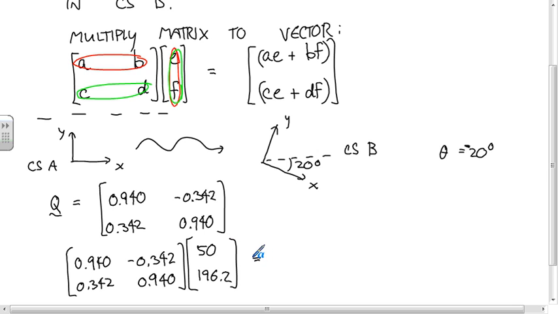Give me a couple seconds. Okay, so that gives us negative 20.2, 201.47, if my calculations are correct. I'm just remembering that from before.